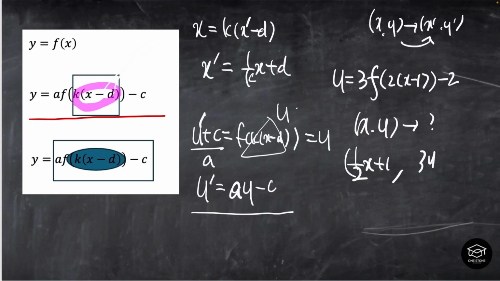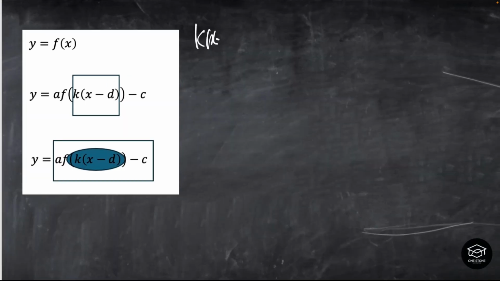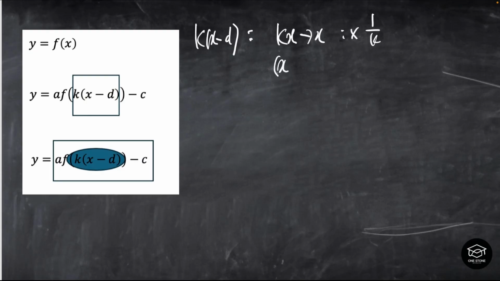On the transformed graph, to remember this more simply, just think about how to get back to the original x in the expression f of k times (x minus d). For the part k times x to become the original x, you need to multiply x by 1 divided by k.